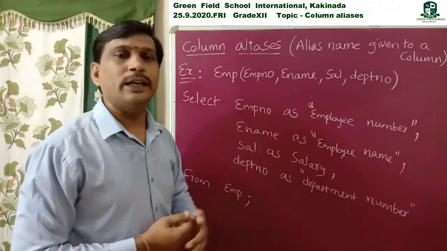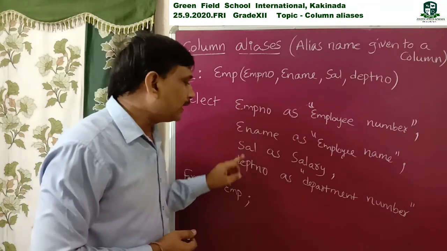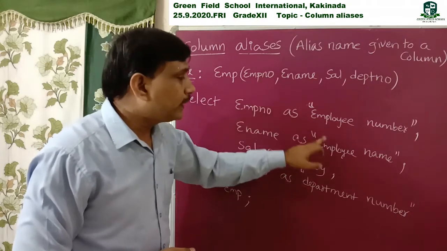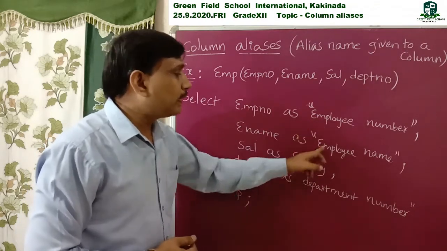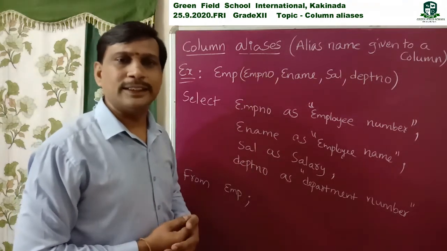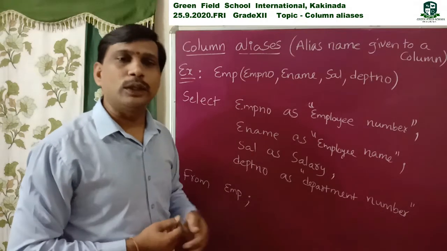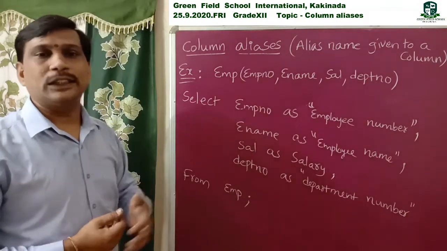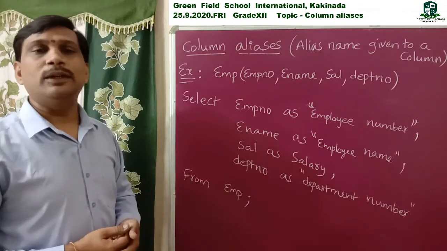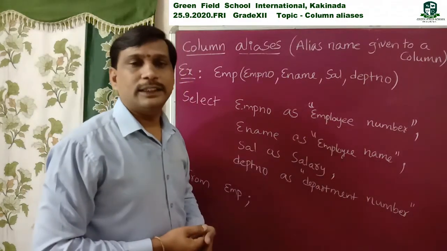But the original table does not change. The original table has all its original values, but our output is displayed with these column aliases. So the column aliases are not reflected in the original table. They are not changed. But in our output, according to our interest, we replace the original label with the column alias name.